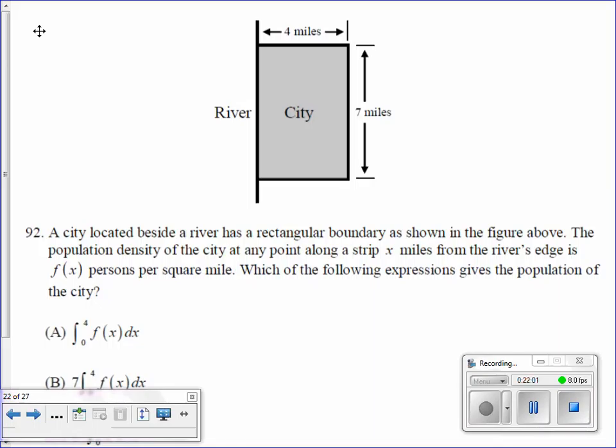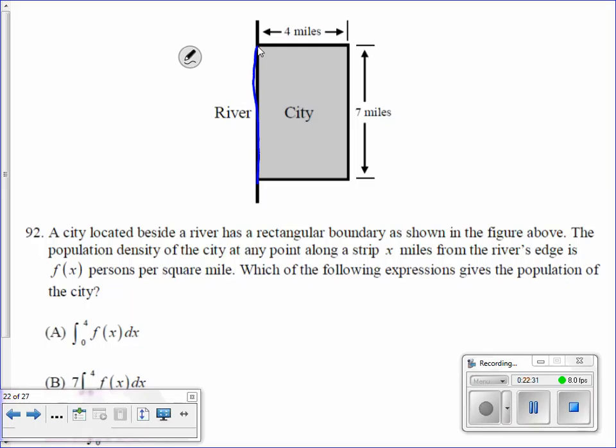All right, so let's take a look at this. A city located beside a river. Here's the river. Has a rectangular boundary as shown in the figure above. The population density of the city at any point along a strip X miles from the river's edge. Okay, so here's the river's edge, and they're saying that the population density of the city at any point along a strip X miles from the river's edge.